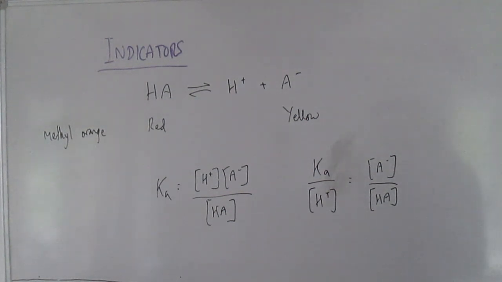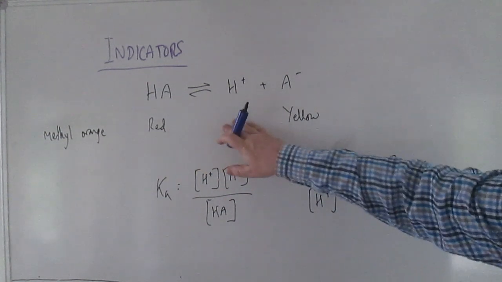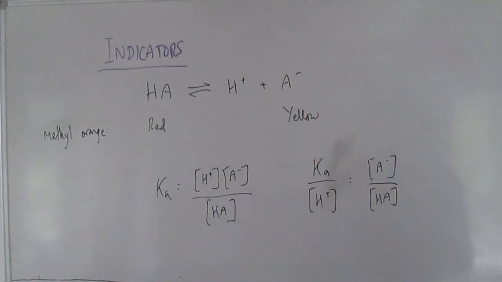So if we're interested in this point at which the indicator is just on the point of changing colour, because obviously that's the colour that you're going to be interested in when you're doing a titration, is that midpoint when it goes from red through orange. When does it reach that orange point before it goes on to yellow? So if we're interested in that, effectively what we're saying is that we're interested in the point when these two concentrations are about the same. Right, because if you've got equal concentrations of red and yellow, then to a first approximation you're going to think, well, that's going to look orange.